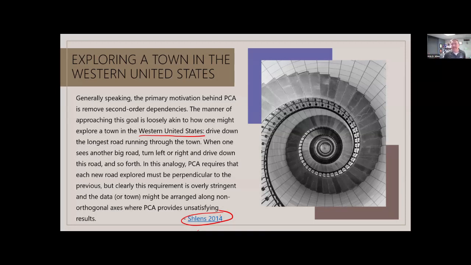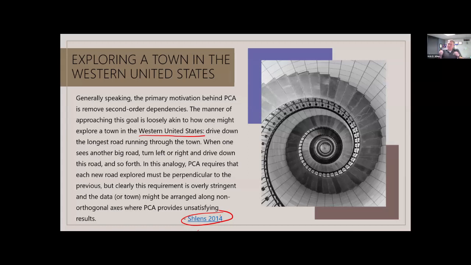So he likens using PCA to driving down the main road of that town, whatever that main road in Jakarta might be. And then when you reach another big road, taking a right or a left, and then exploring the town based on that main road. That's essentially what an orthogonalized PCA is doing.